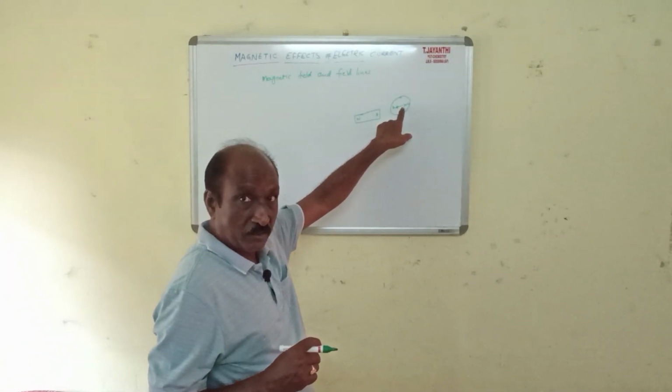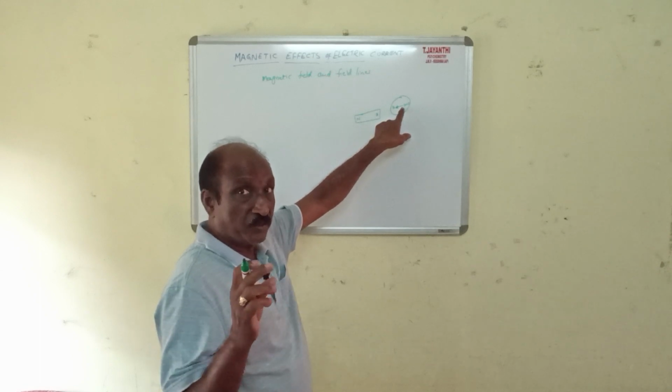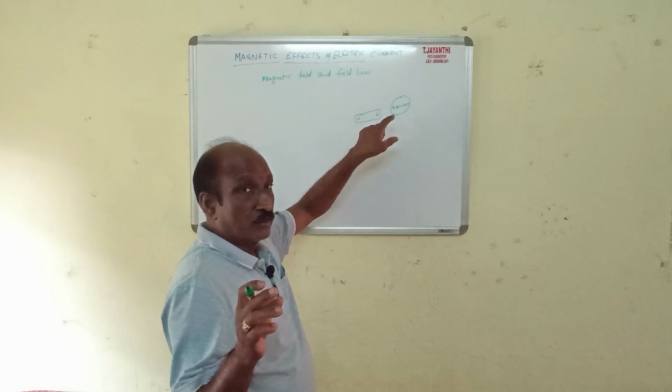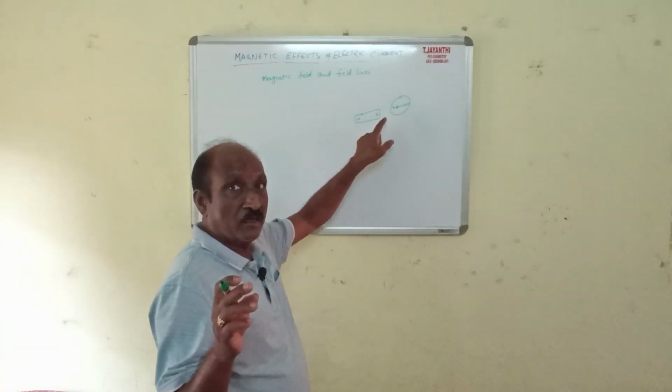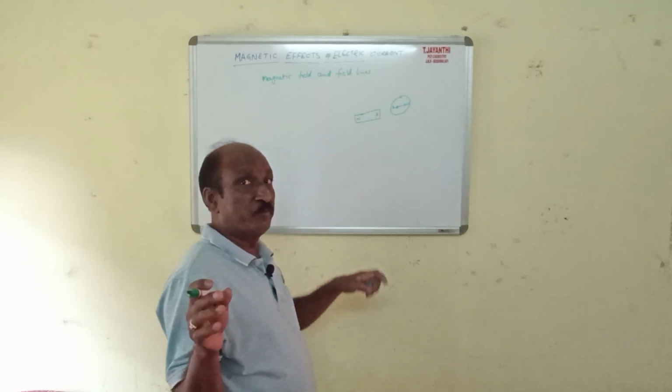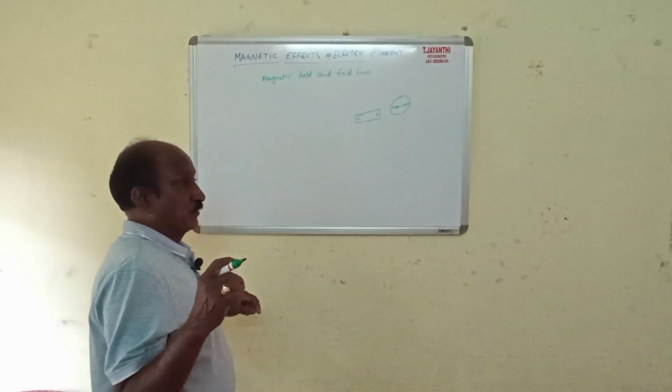The compass needle shows some deflection because of the property that like poles repel and unlike poles attract, that is the basic principle of magnetic theory.